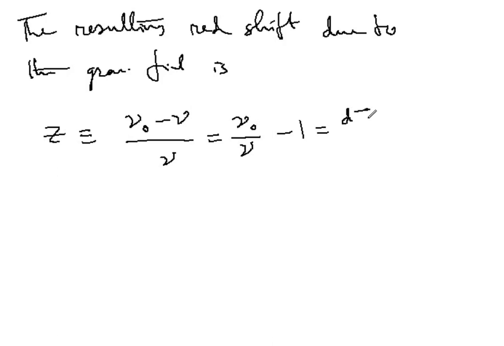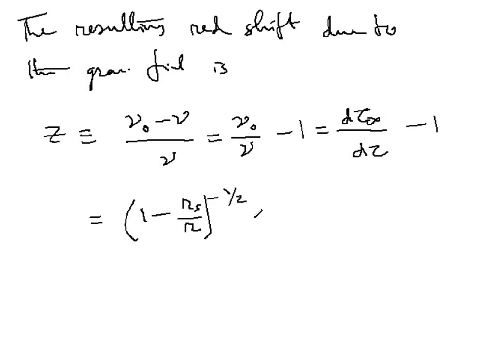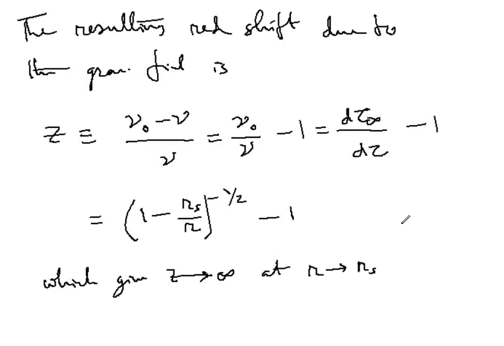So this is d tau infinity by d tau minus 1, and this is just 1 minus rs by r to the power minus half, minus 1, which gives z tending to infinity at r tending to rs. Now this is equation 5.